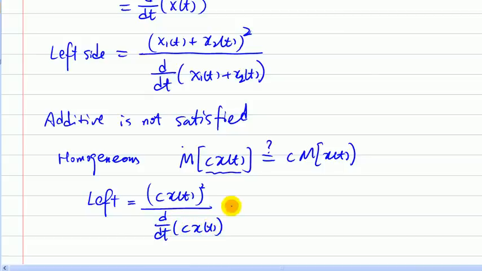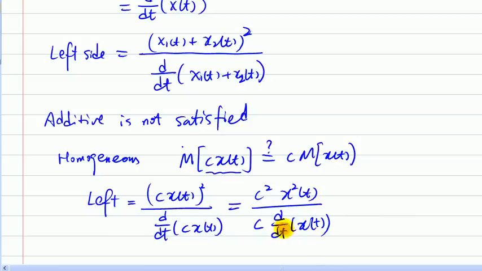You take the c squared, take c out, c is a constant, so you can take it out of the differential operator, cancel one c, and there, that's exactly equal to your right side. So your homogeneous property is satisfied here.